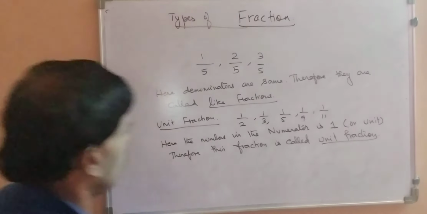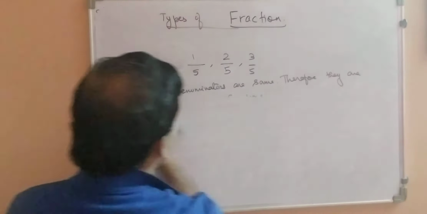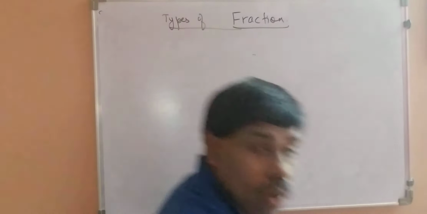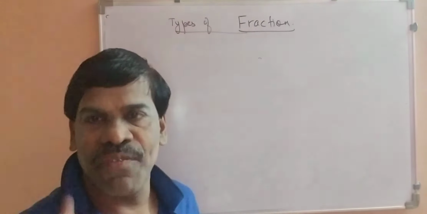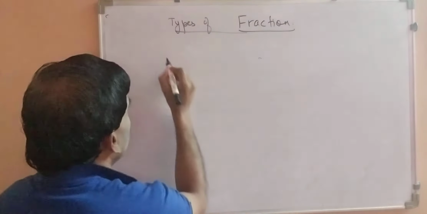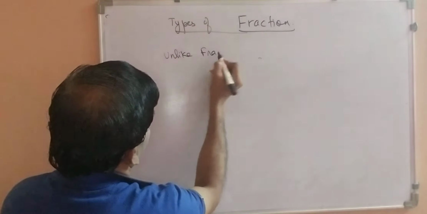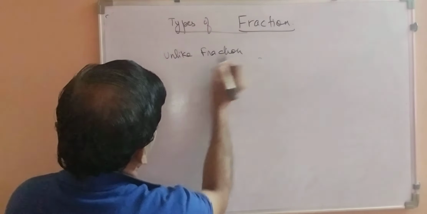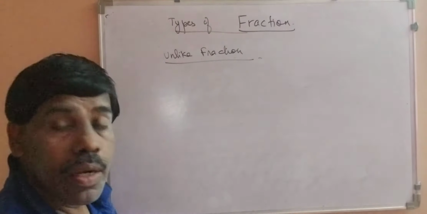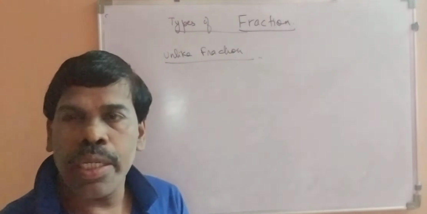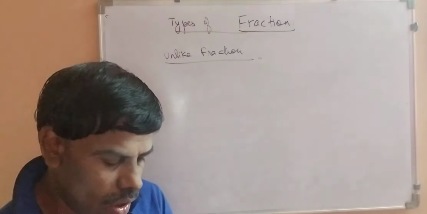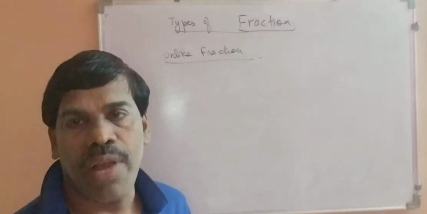Now, what do you call an unlike fraction? It is not like. Unlike fraction means, if the denominator is different, then we call it an unlike fraction.